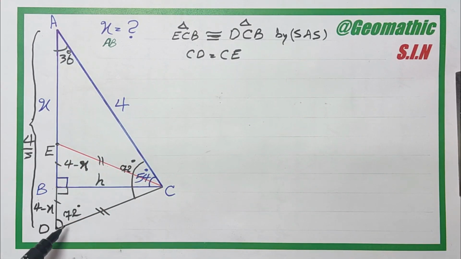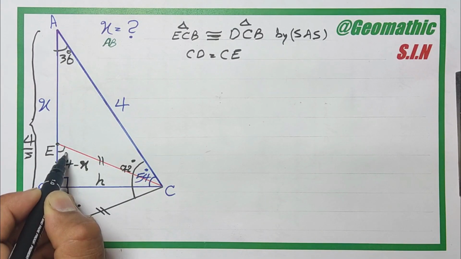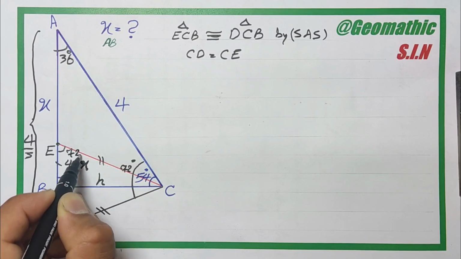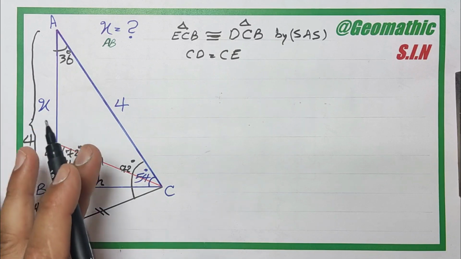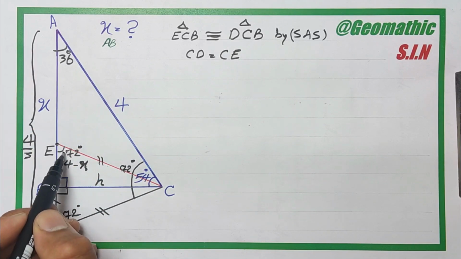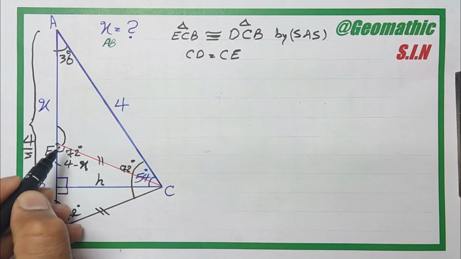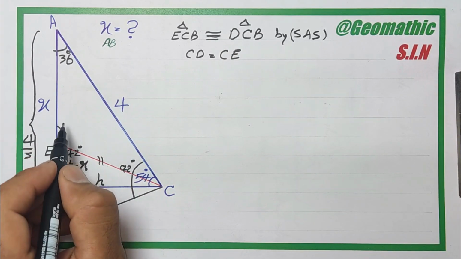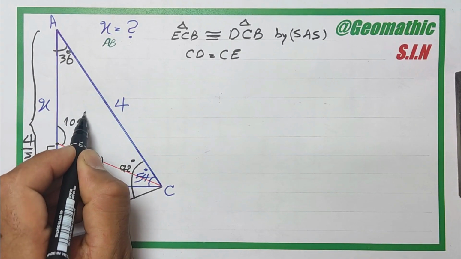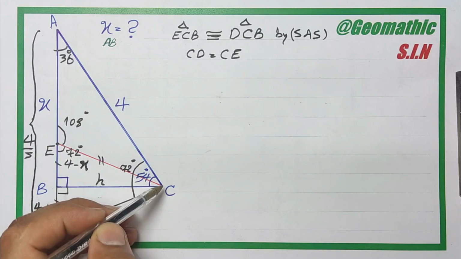Therefore, their base angles should be equal. If D is 72 degrees, E is 72 degrees. This is a straight line, meaning it's 180 degrees. So, if this angle is 72 degrees, this one should be 180 minus 72, or 108 degrees.